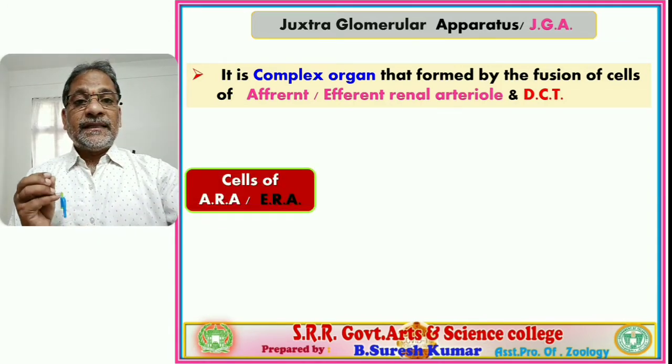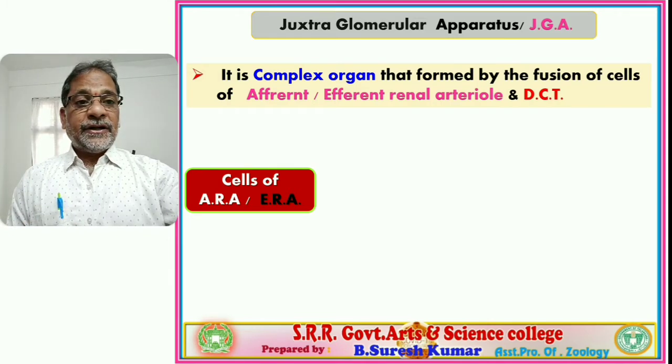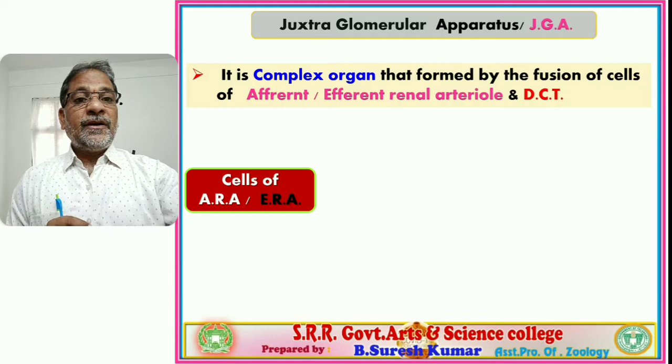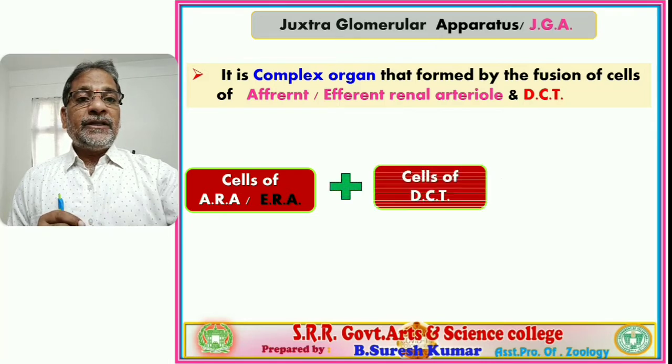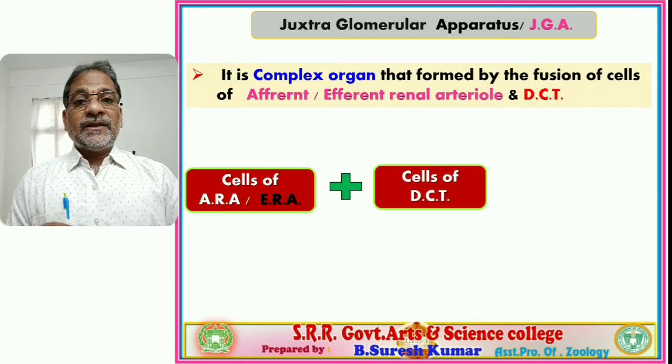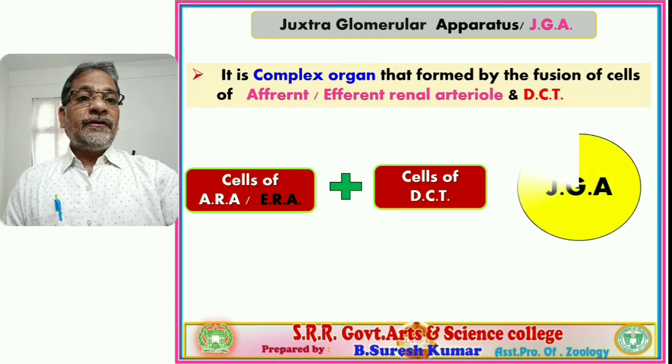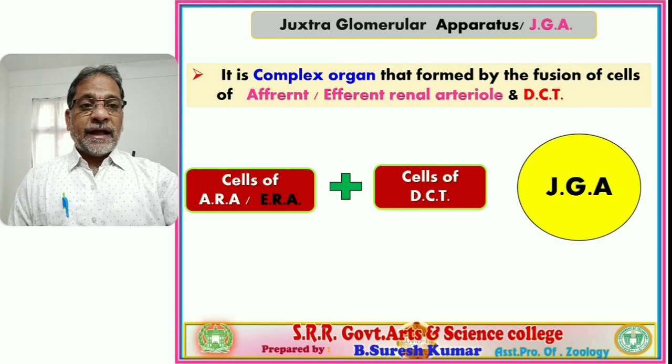You observe the cells of the afferent renal arteriole, a blood vessel, and the cells of the efferent renal arteriole; they merge with the cells of the distal convoluted tubule and ultimately form the juxtaglomerular apparatus.